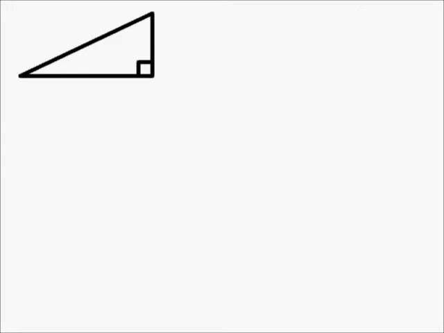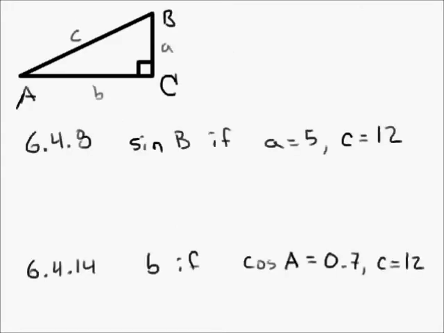Moving to our next set of problems here, we're going to take a look at number 8 and 14. Now in both of those problems we have a triangle labeled as such. For number 8 here, we're asked to find the sine of B if a is 5 and c is 12.